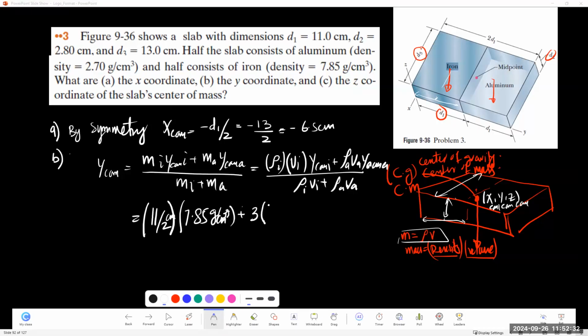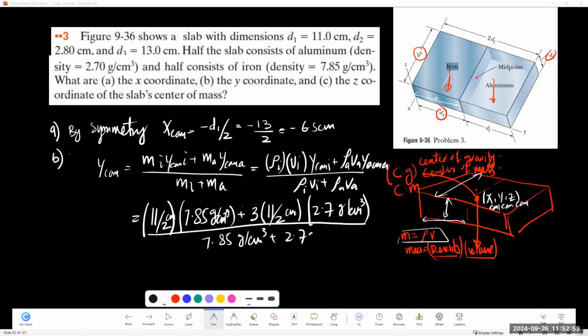Plus 3 times 11 divided by 2, and the density of aluminum is given, 2.7 gram per centimeter cube, divided by 7.85 gram per centimeter cube plus 2.7 gram per centimeter cube. If I solve this, the y combined of these two equals 8.3 centimeter.